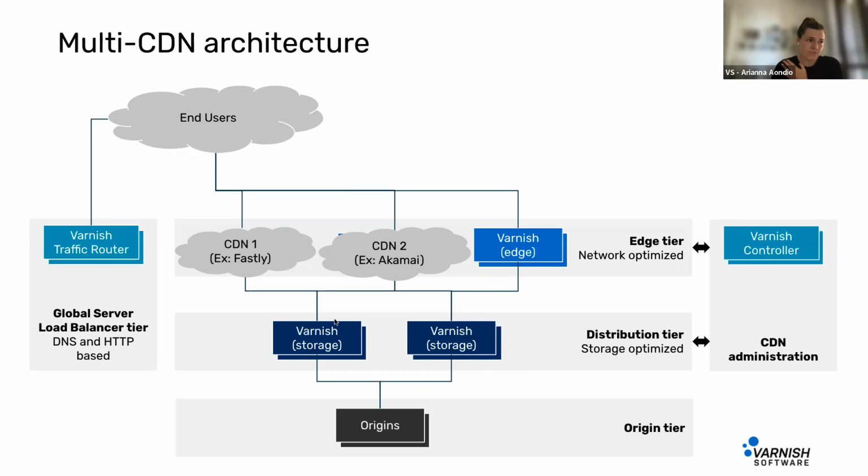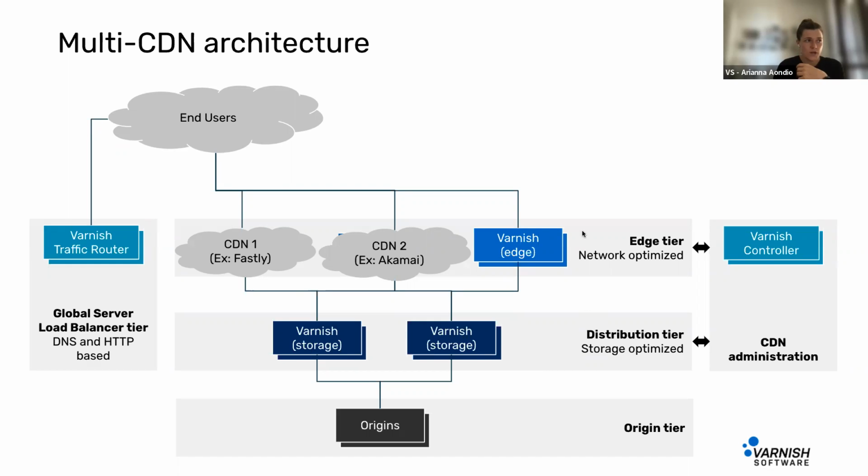On this layer, what we really want to do is to try to cache as much content as possible. This layer is known as the storage layer, and its role will be to do the heavy lifting part of caching.